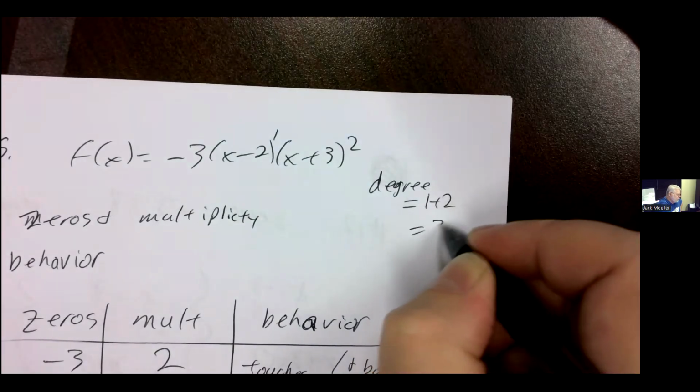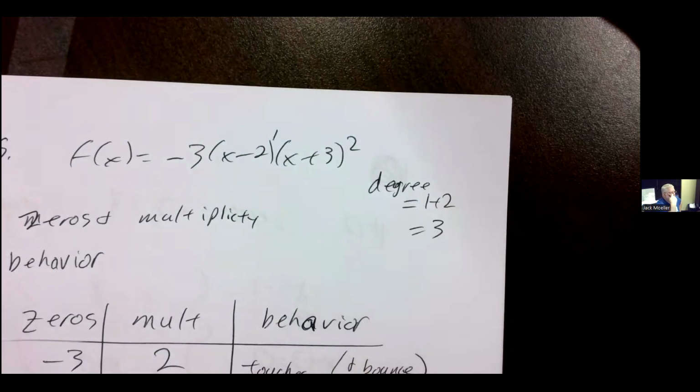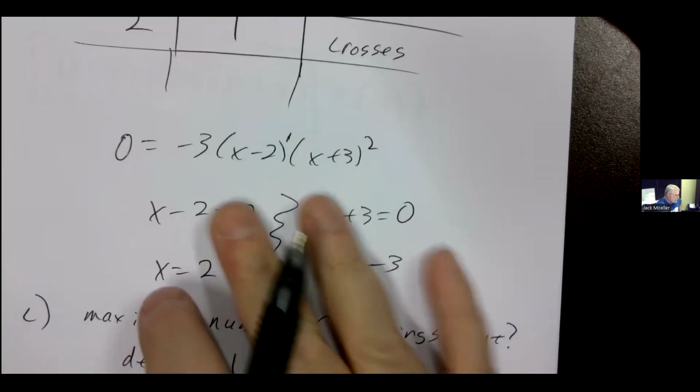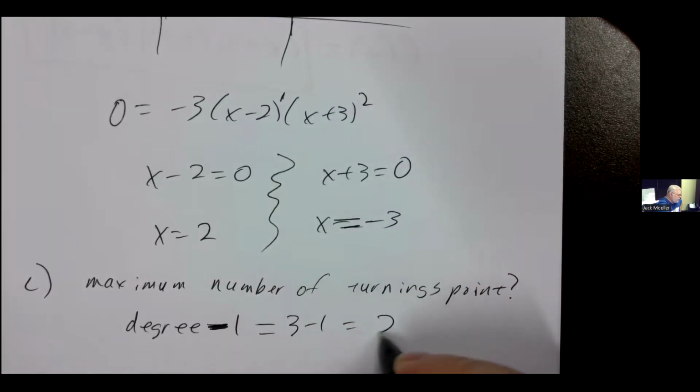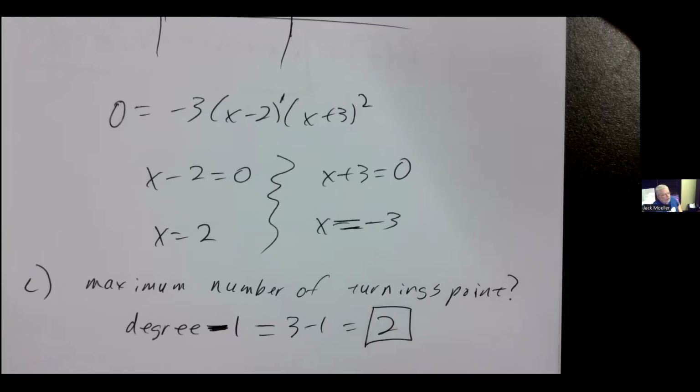So here the degree will be 3. And so when we talk about the maximum number of turning points, the degree would be 3 minus 1 or 2. So you could have like 1 max and 1 min. But you don't need to know if they're max or min, you just need to know that there are 2 of them at most. And then the end behavior.